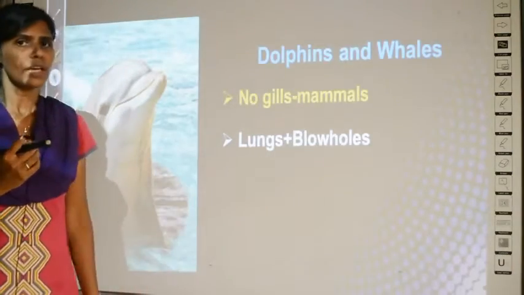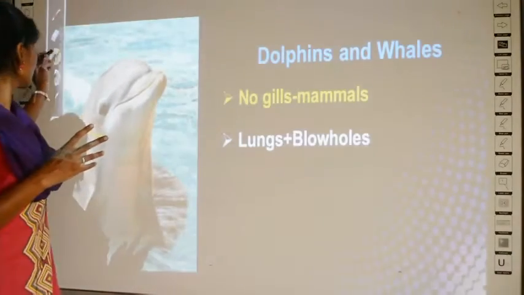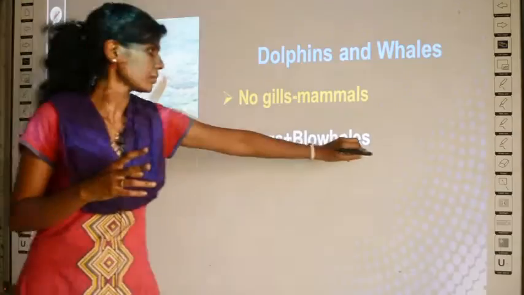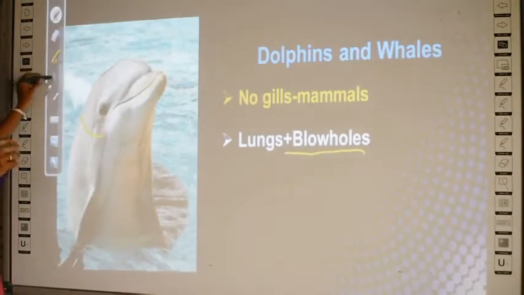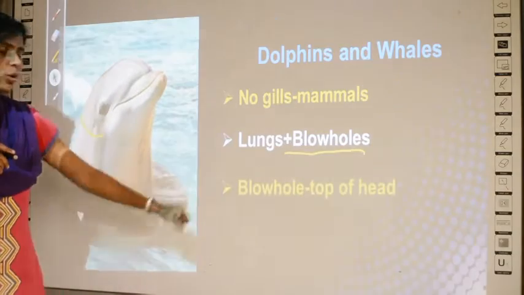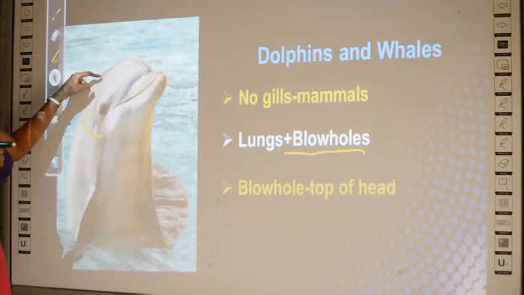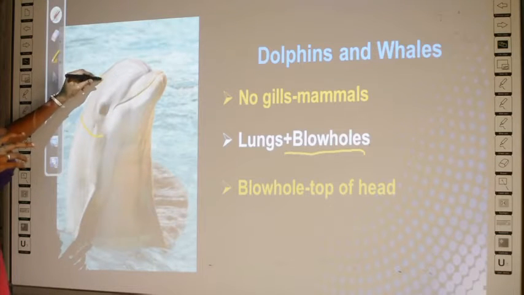and also they have a structure called blowholes. What does this mean? Where can you find blowholes? Blowholes are present on the top of the head. On the head region they have blowholes.